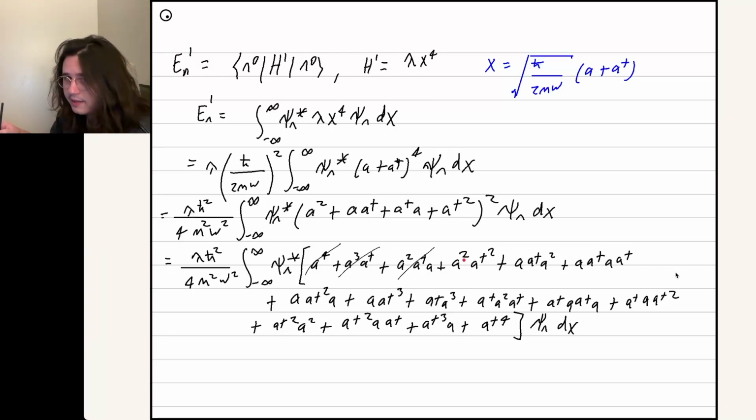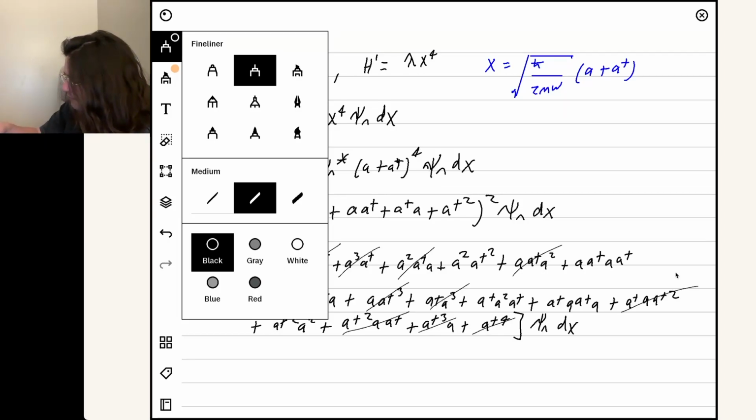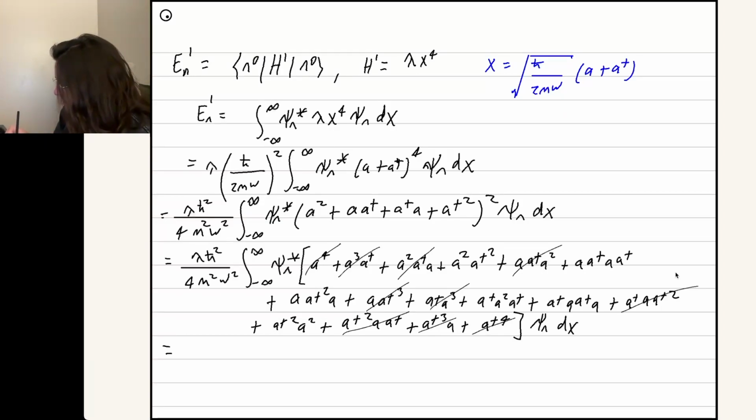This one actually has an equal number of raising and lowering operators, so I'm going to keep that one, but throw away this one, keep this, keep that, throw away that, throw away that, keep, toss, keep, toss, toss, toss. So at the end, I think we should only have 6 terms, so 6 integrals that we need to calculate.